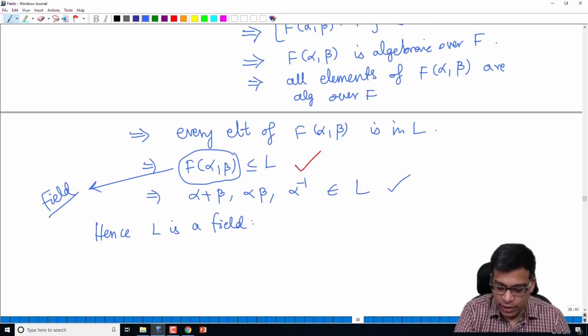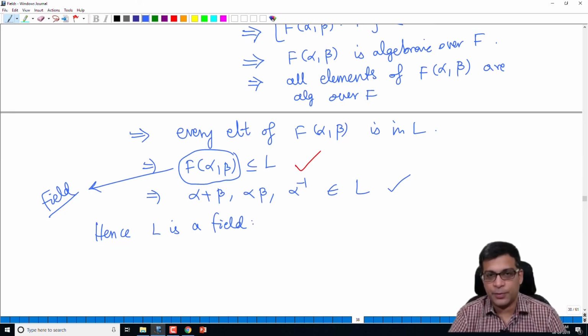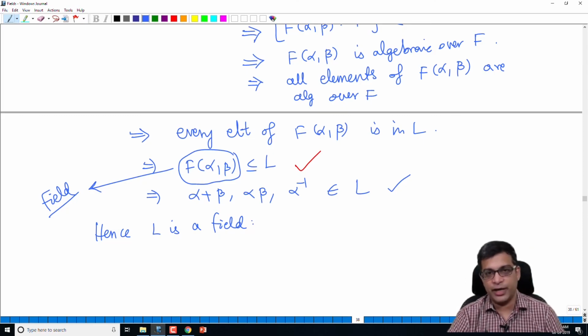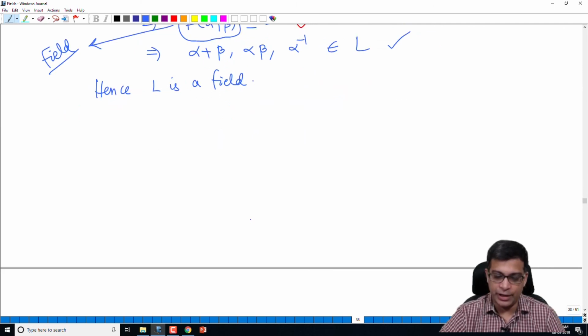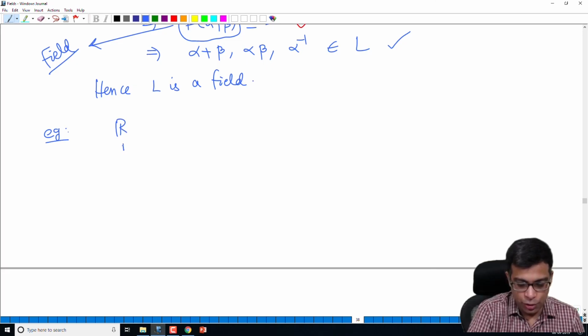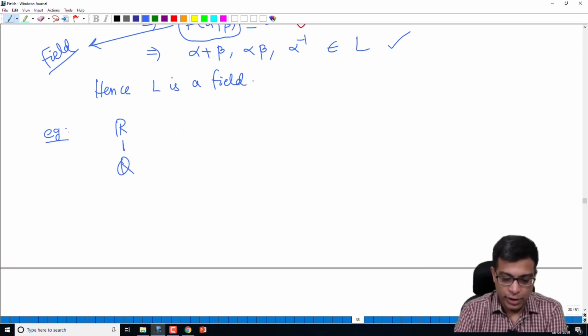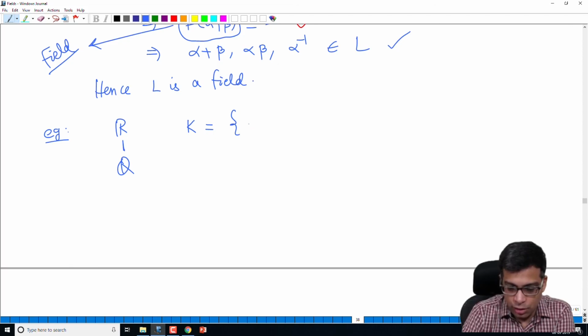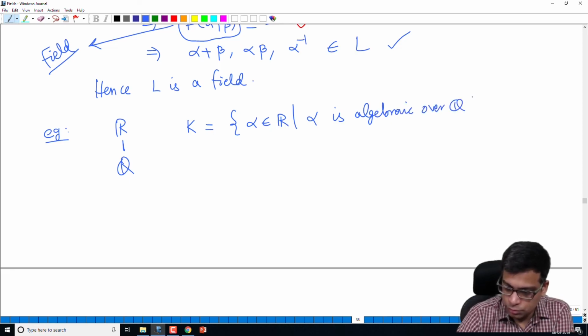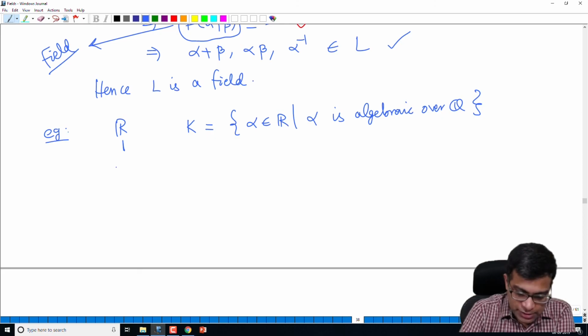So this is a nice argument. It might seem somewhat tricky initially, but please carefully listen to this again, watch the video and make sure that you understand this. This is a very typical and a beautiful argument to prove that all algebraic elements form a subfield of K. So as an example, if you take R over Q and consider K to be all alpha in R, all real numbers which are algebraic over Q, that will sit inside R and will contain Q, and is a field.